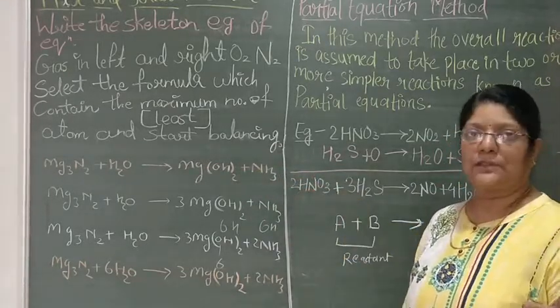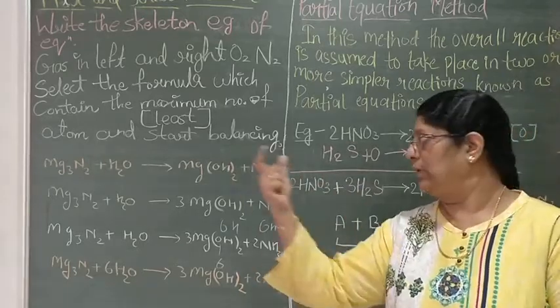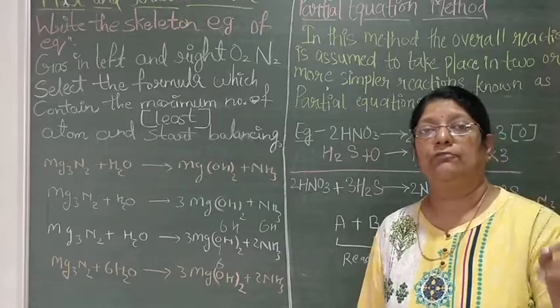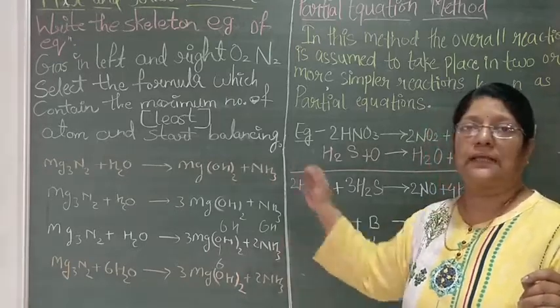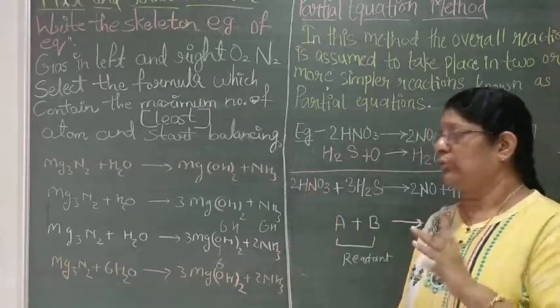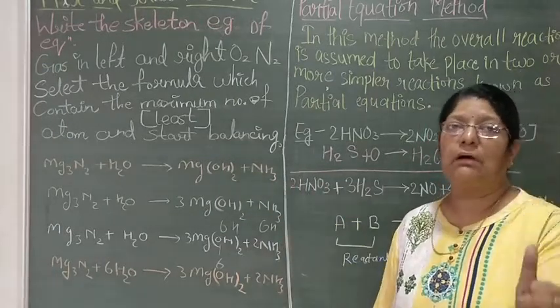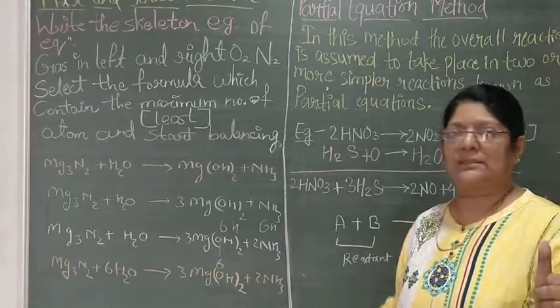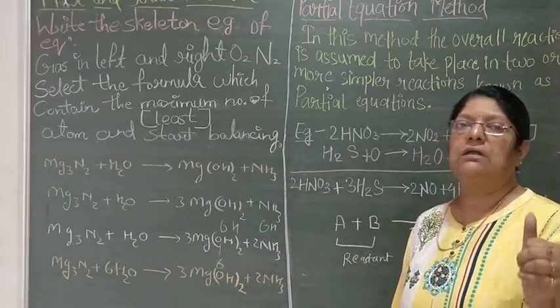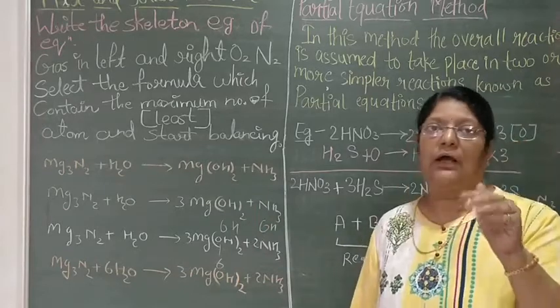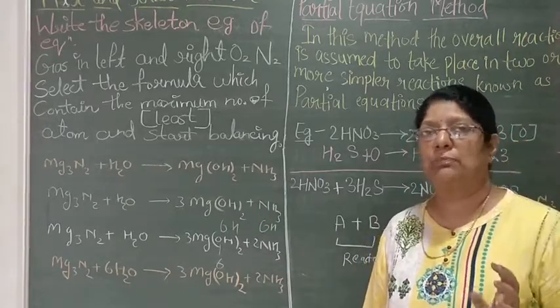First I will observe whether there is any gaseous molecule on the left and right side. If there is, I will write those gaseous molecules in molecular form on both sides. Then I will take the maximum number of an element present in the reaction and try to balance it, and in the same way I will first balance the metal.